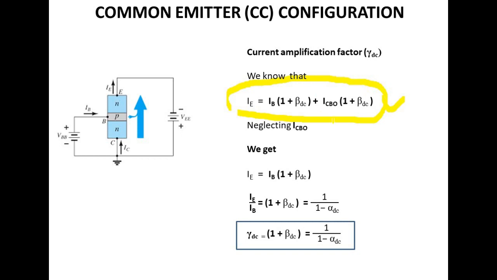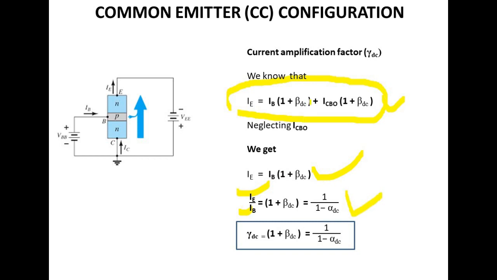Here if we neglect ICBO, we get IE is equal to IB (1 plus beta DC). So IE upon IB, that is the ratio of output current upon input current, is equal to 1 plus beta DC, that is equal to 1 upon 1 minus alpha DC that we have already derived.